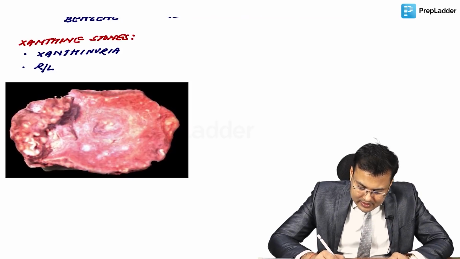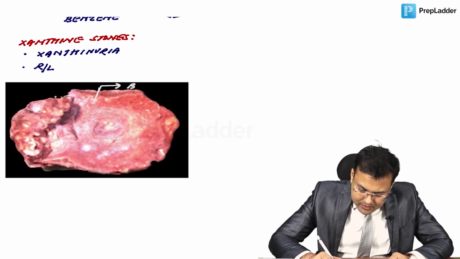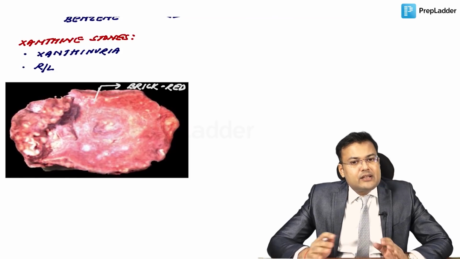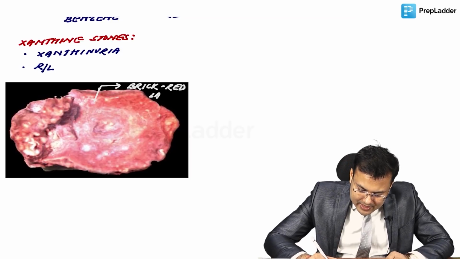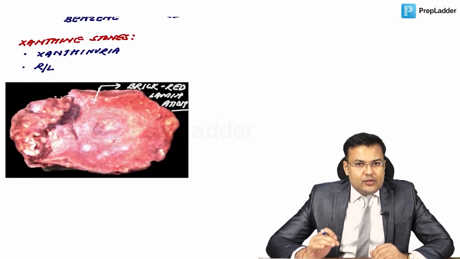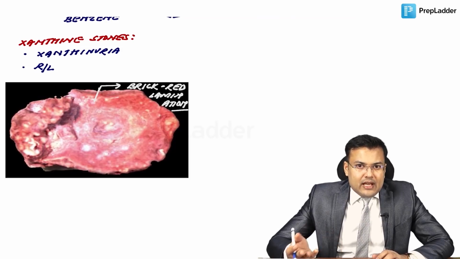Clear? This was asked in NEET PG. Brick red in color and it shows lamination on cross section. That's why you can identify this stone just by looking at it.